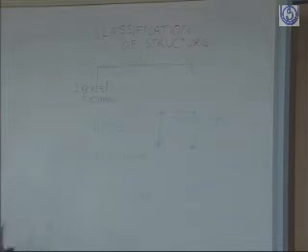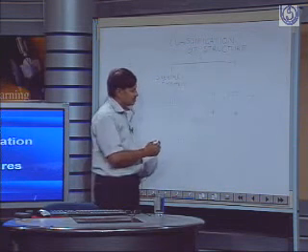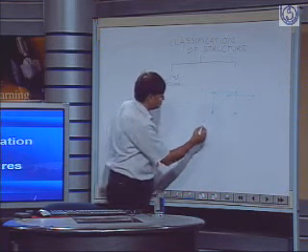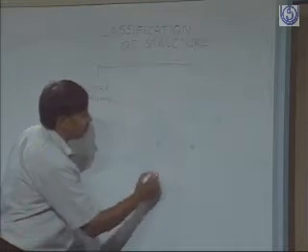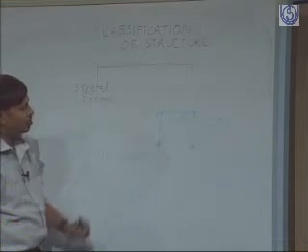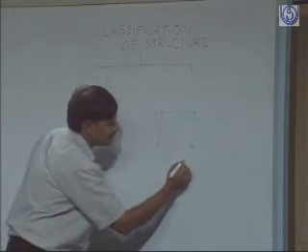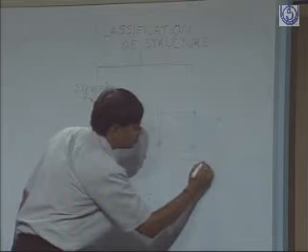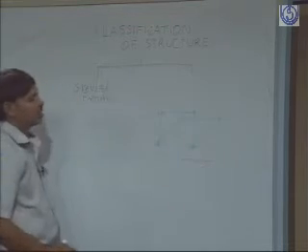Now, how do we denote it in our sketches? A pin joint is denoted by a small round circle. Say if these two elements are jointed by a pin here, it will be shown like that.